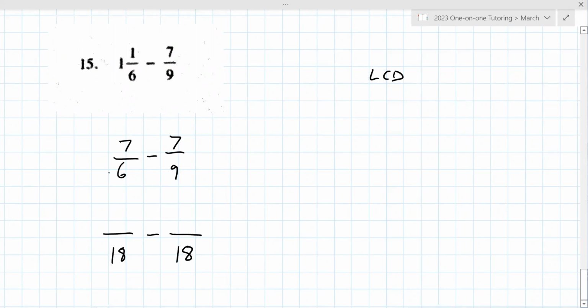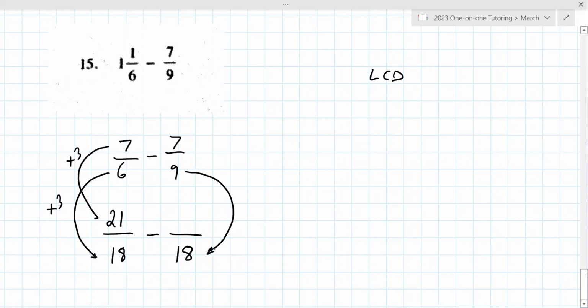So to go from 6 to 18, you're multiplying by 3, which means you take that 7 in the top and also multiply it by 3. Okay. So 9 times 2 is 18, so take that 7 and also multiply by 2, which is 14. Yes. Subtract, and that's 7 over 18.